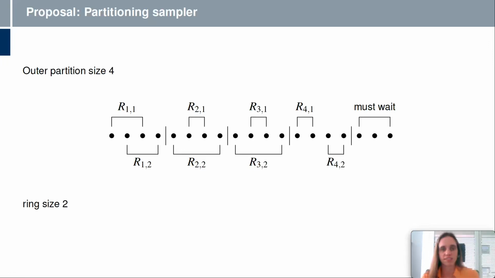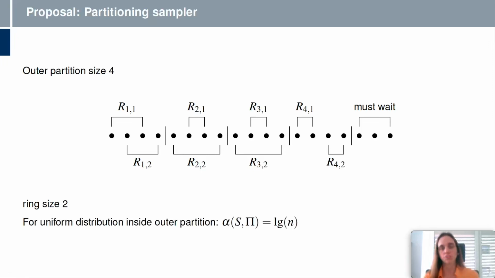And this now assumes that we have a uniform distribution within each partition, not over the whole universe, but only inside one partition. And this means that accounts of more or less the same age, which are very close in terms of age, have the same probability.